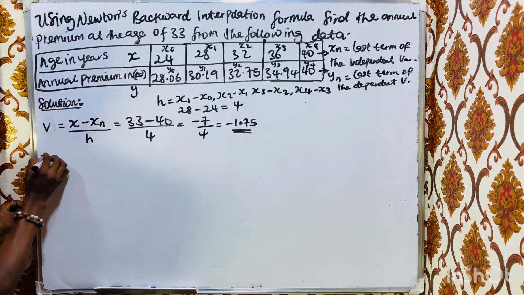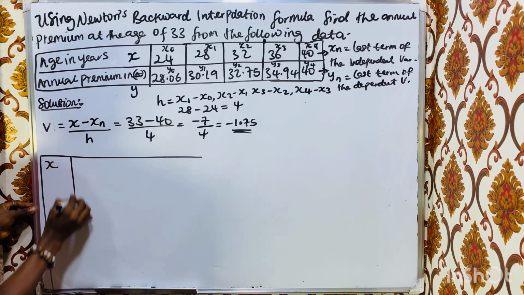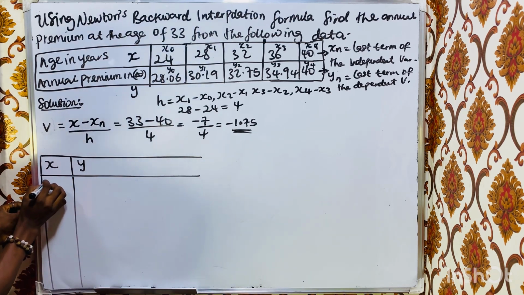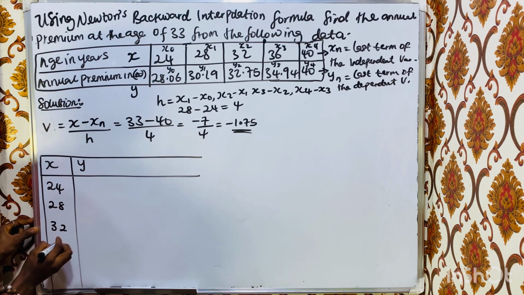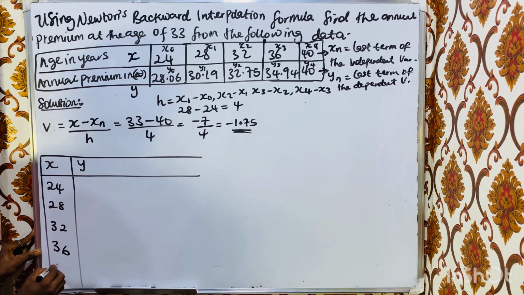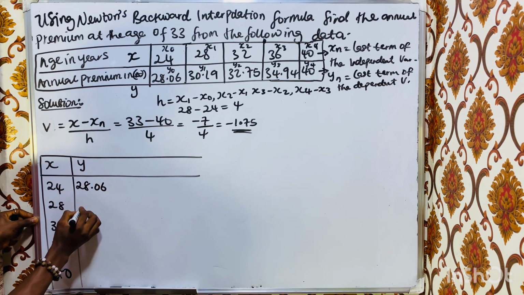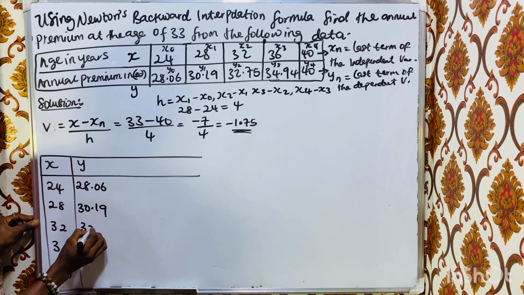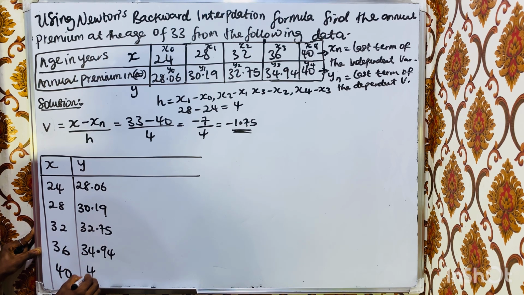So we are going to draw our table of values. We have our x and our y, the independent and dependent variables. We put 24, 28, 32, 36, and 40 for x. For y we put 28.06, 30.19, 32.75, 34.94, and the last one.